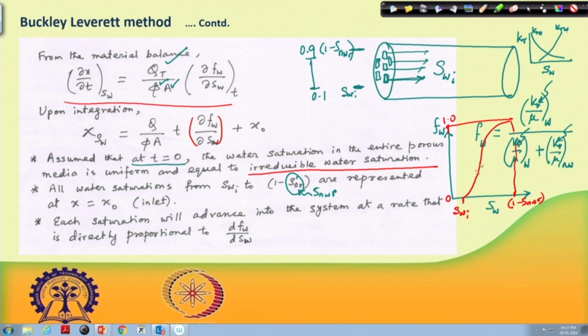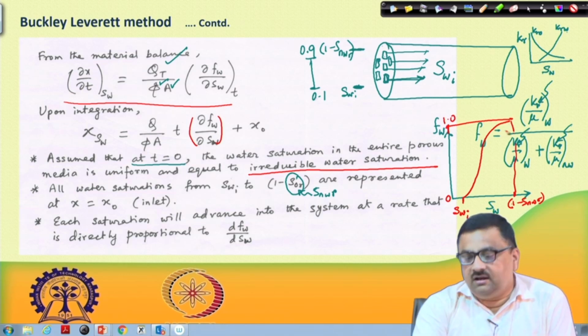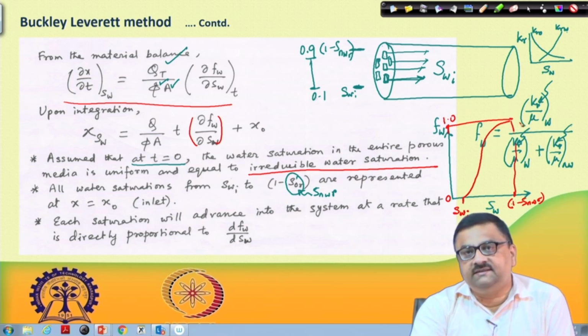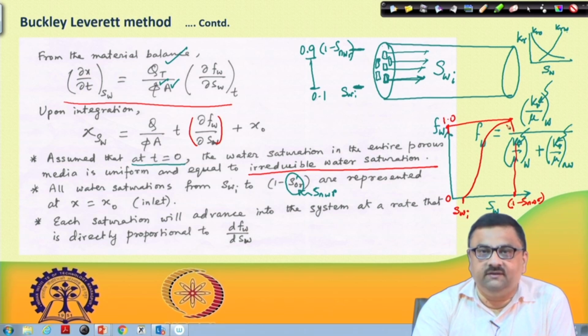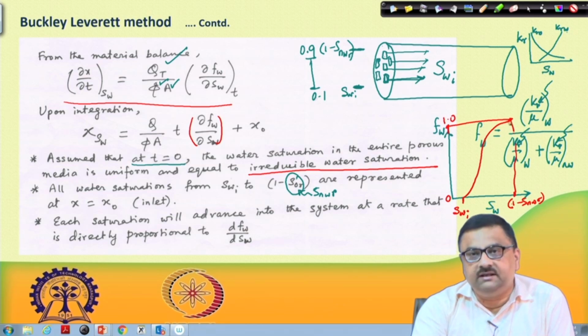Whereas if the water saturation in the plug is 1 minus SOR, or in other words the non-wetting phase saturation is at its limit there, then it would be only wetting phase flow and no non-wetting phase flow. So, this is the limit.